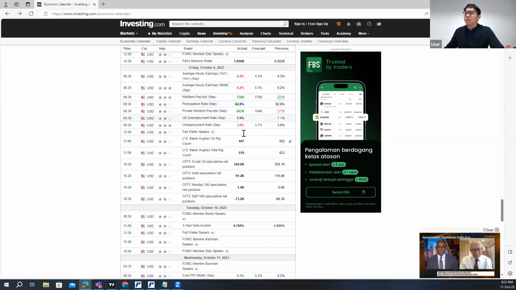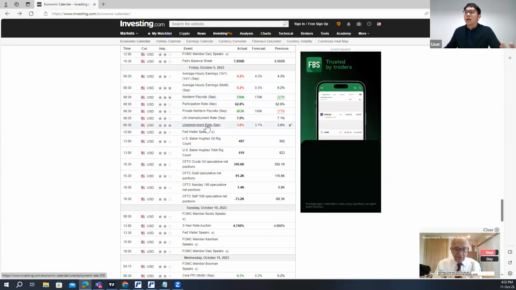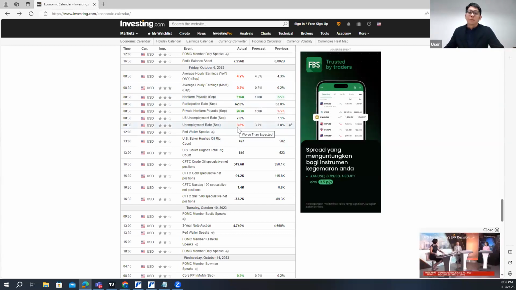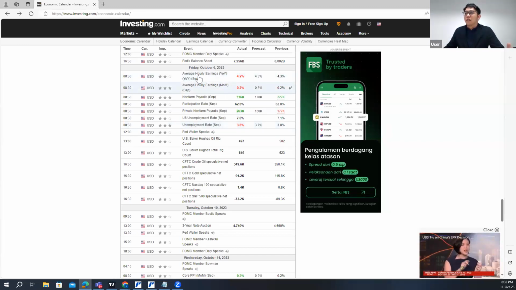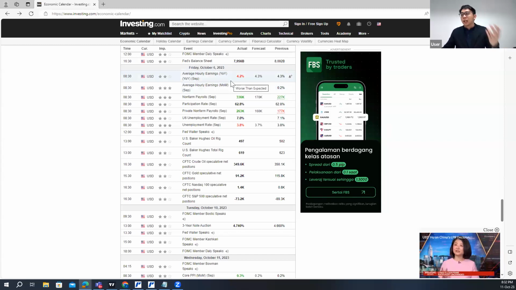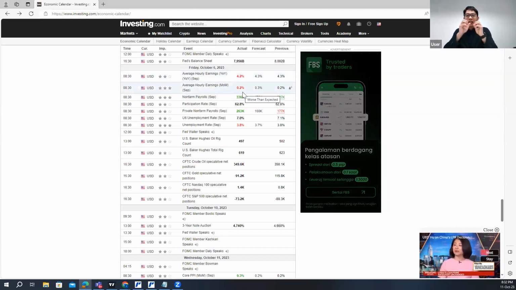But at the same time, we also had a high unemployment rate. We know that NFP refers to the labor market, and the unemployment rate at the same time shows that the labor market is not good. Also, we have this declining average hourly earnings growth, so the earnings growth for workers in the US is declining. So here we are in a dilemma.